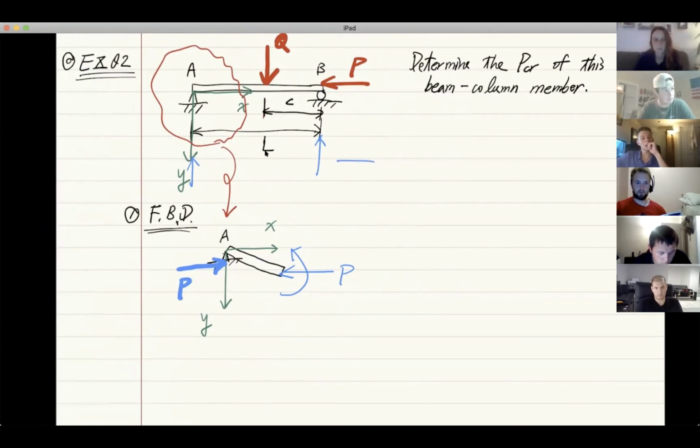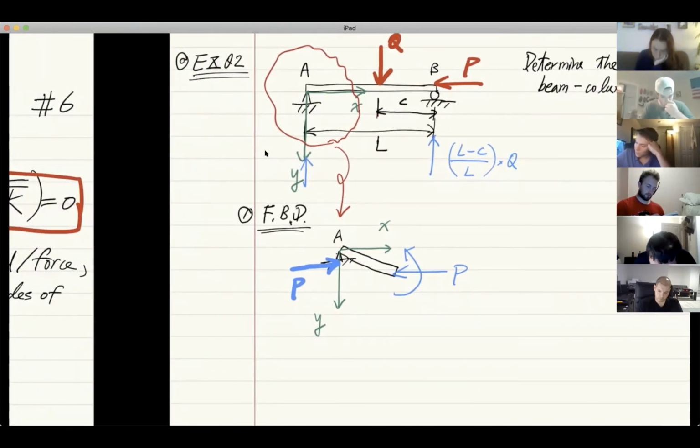So here it is actually C over L, but it's inversely related. That means it should be L minus C, the whole thing times Q.